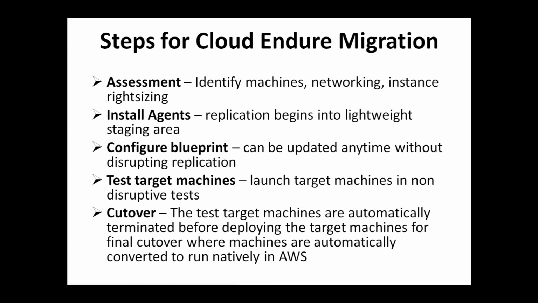So at first you launch the test target machine, and once everything is fine with your initial tests and you are ready for the cutover, once you go ahead with your cutover date, your test target machine will be automatically terminated, after which your target machines will be deployed for the final cutover, and your machines are automatically converted to run natively in AWS. But here, one thing you might need to check is whether your EBS volumes are also deleted along with your target machines.